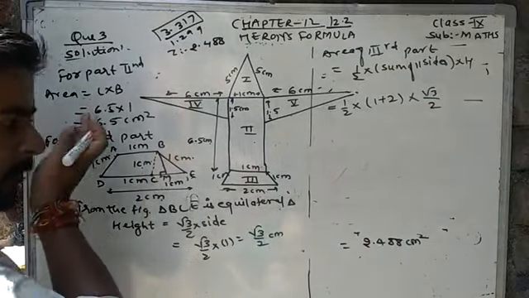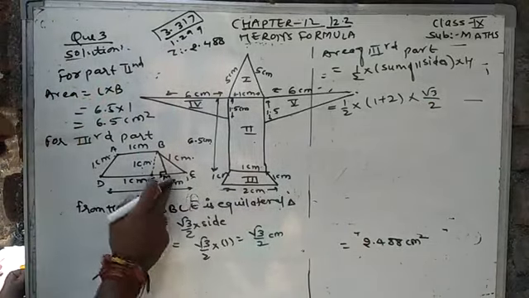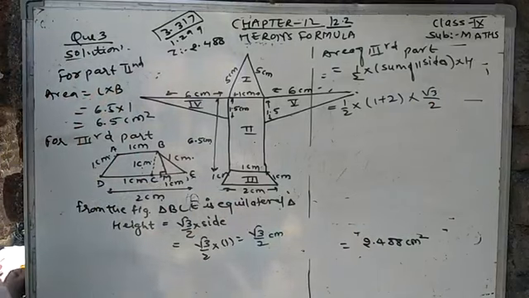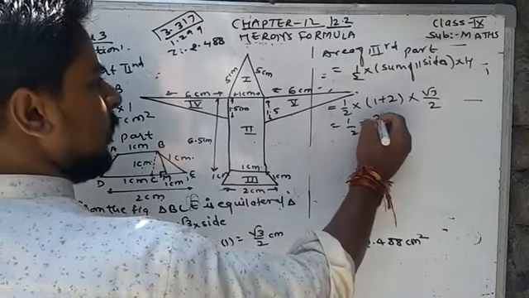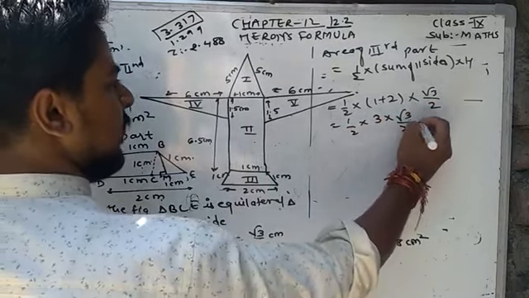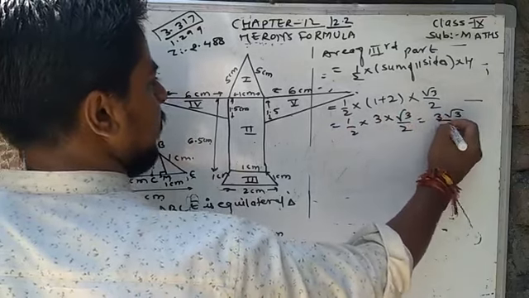Height is √3/2. It is the height for the equilateral triangle and also for the trapezium. 1/2 into 3 into √3/2, basically 3√3 divided by 4.